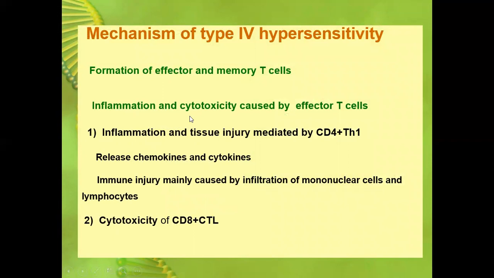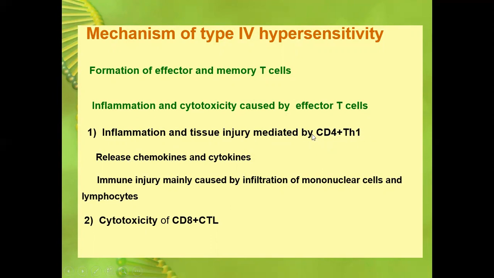The mechanism of type 4 hypersensitivity reaction is formation of effector and memory T cells, inflammation and cytotoxicity caused by effector T cells, and inflammation and tissue injury mediated by CD4 and TH cells.